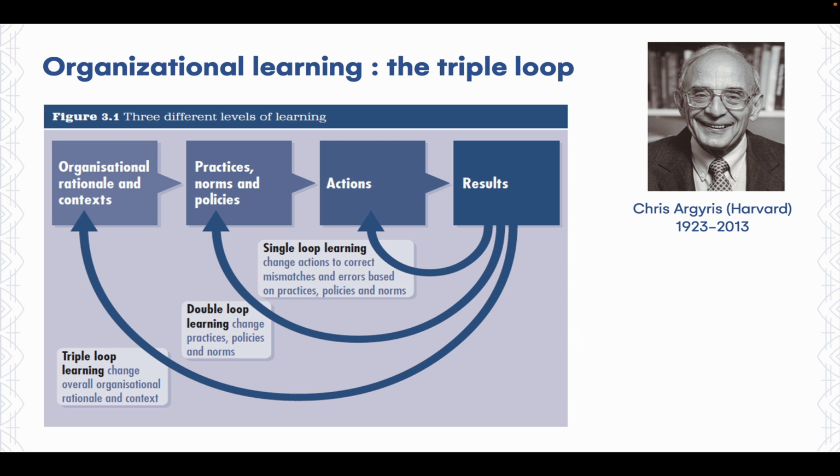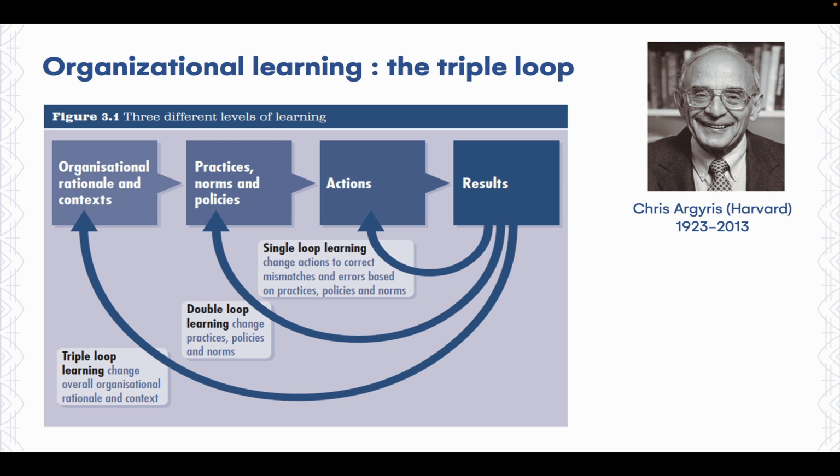And finally, there's a third loop, which he says is rarely done by any organization, which is questioning the overall rationale, the raison d'être, the context, the orientation. What does our restaurant exist for? Maybe we should be a cooking school instead, or become a hotel.